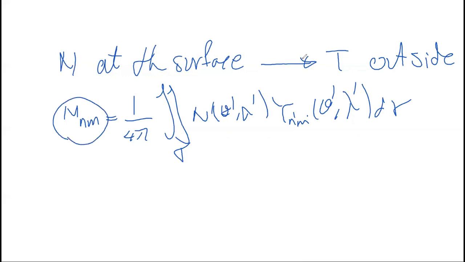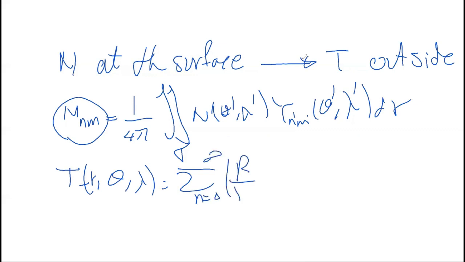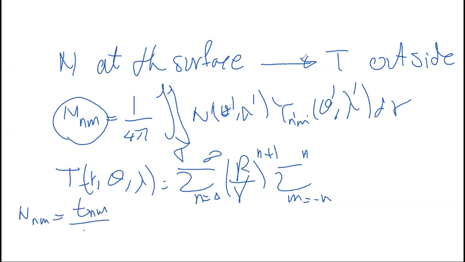If I insert N_nm back into the spherical harmonic expansion for T, theta and lambda, sum to infinity, R over r to the n plus 1, this time. So I want to put here, see that N_nm is T_nm over gamma according to the Bruns formula. So if N is T over gamma, the harmonics of N will have the same relation with the spherical harmonics of the disturbing potential.